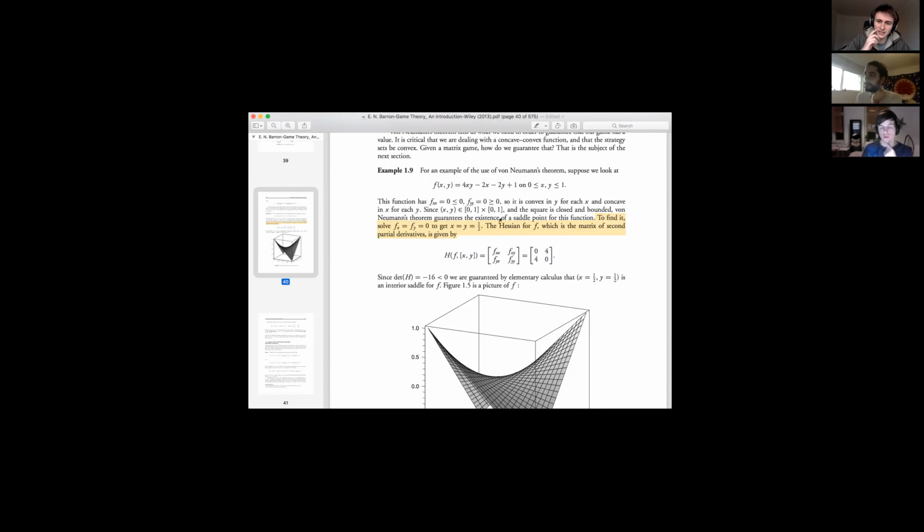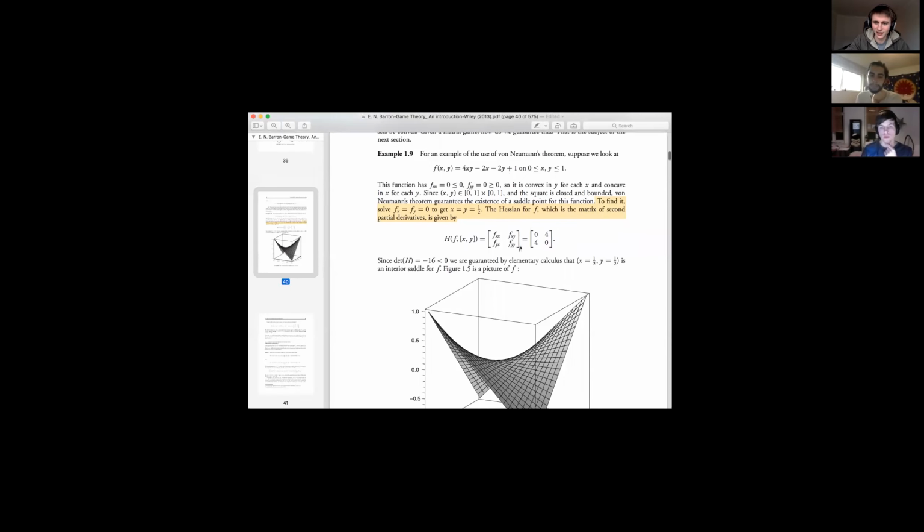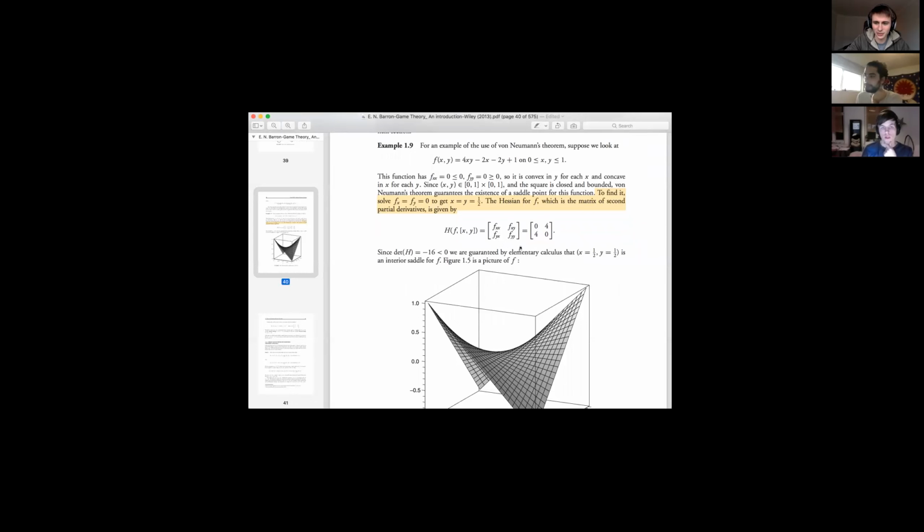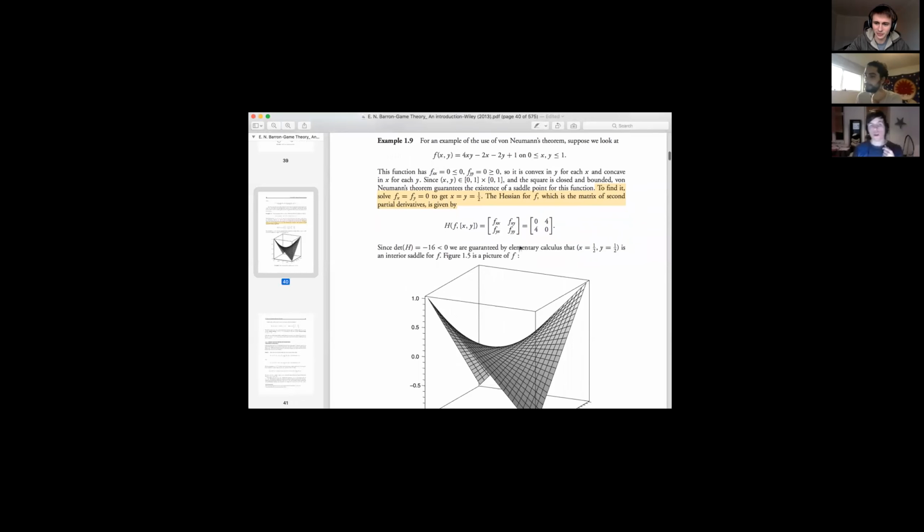But I think it follows the same max min formulation we did previously. Since you want to find a place where the slope is 0, you take the derivatives with respect to both variables, declare them to be 0, and solve the system of equations.